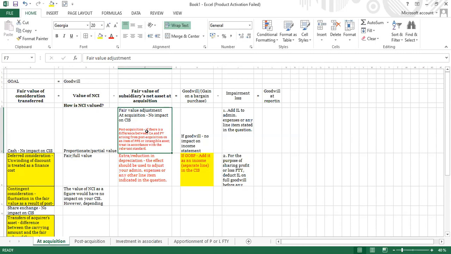For example, if they said that after the date of acquisition, the carrying amount of an item of PPE is 2 million and the fair value maybe is 5 million, that's a difference of 3 million. Under your learning in IAS 16, you would have learned that such 3 million can be addressed as a revaluation surplus.